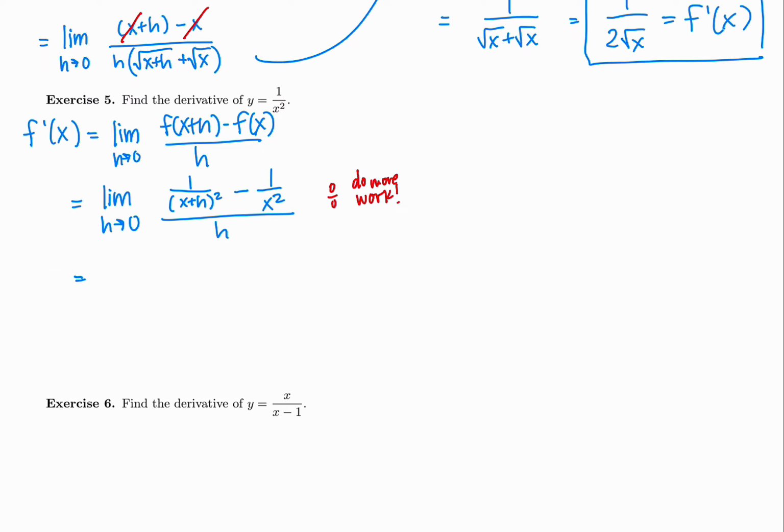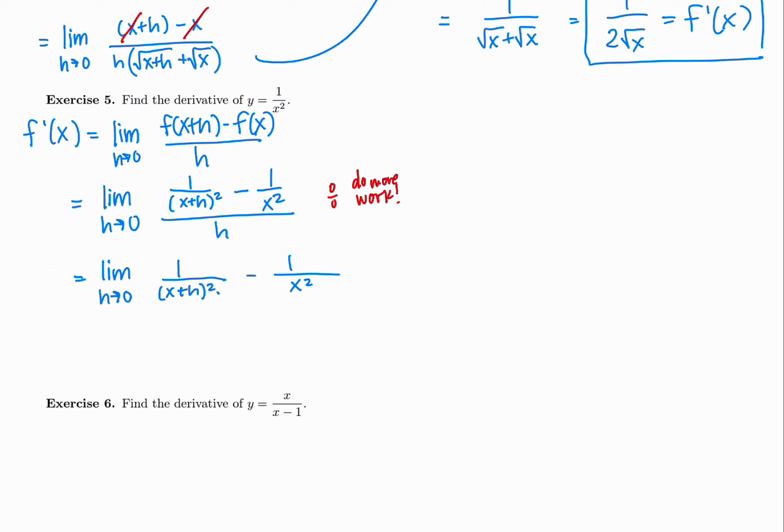So the algebra I'm going to do here is getting a common denominator. So this is the limit as h approaches 0. My common denominator, I have x plus h squared and I have an x squared here. They're both going to be in my common denominator. So what I can think about, I have ones in the top.